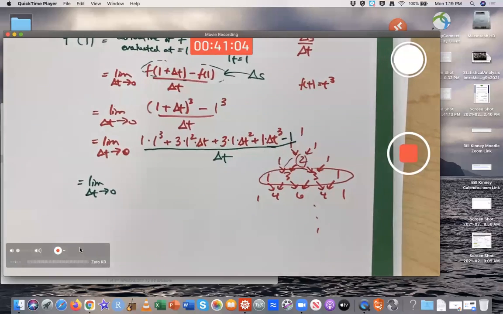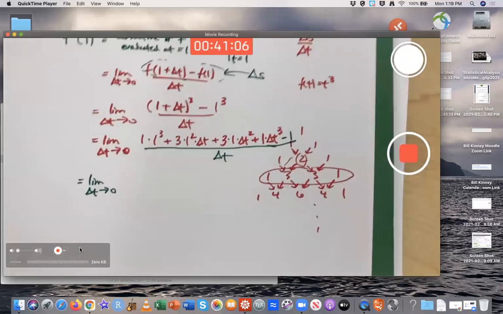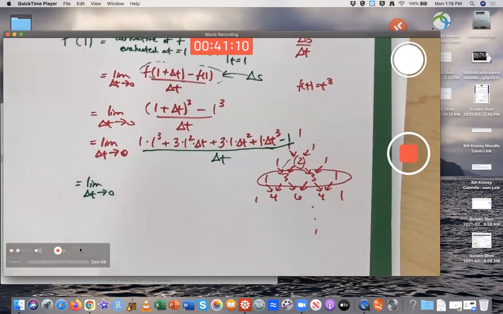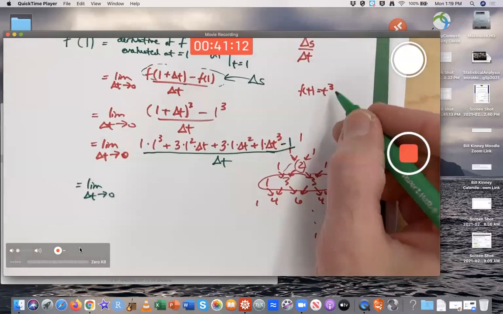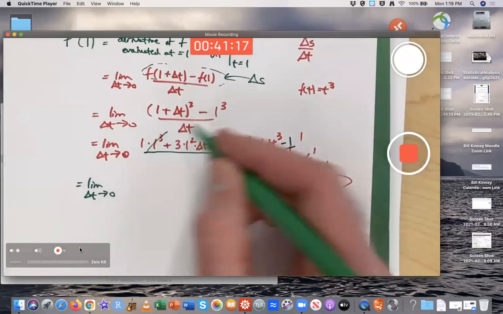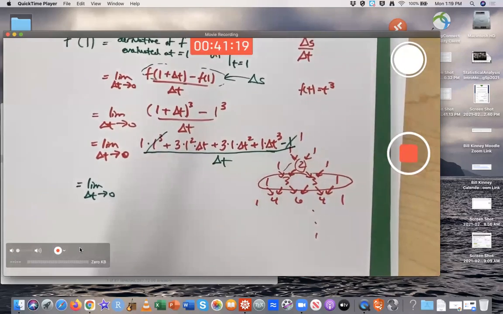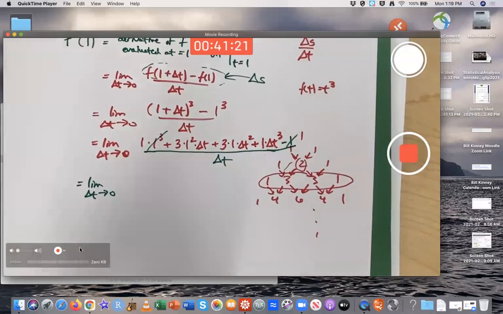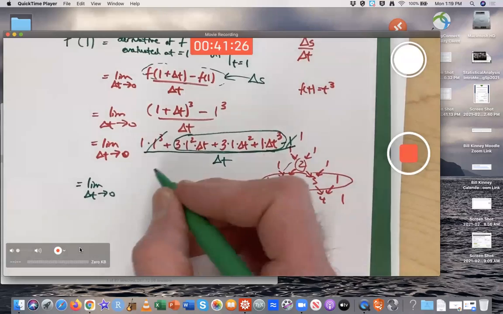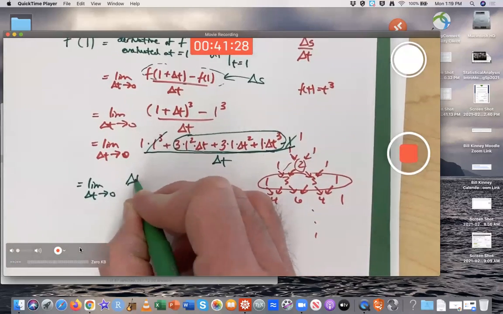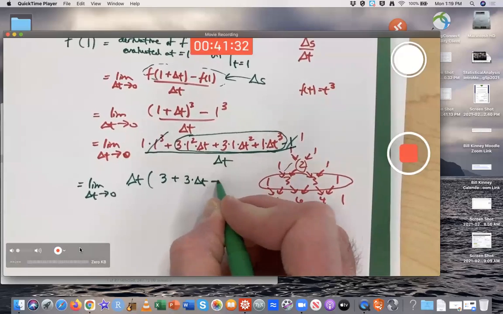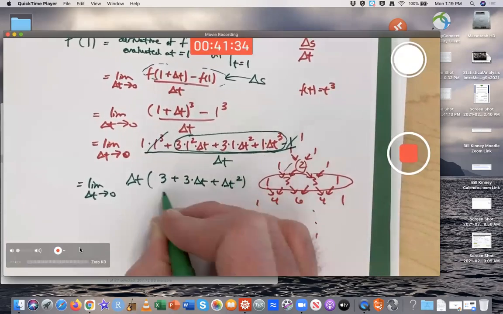If you have not made a mistake with problems like this, where the function is a polynomial or a power function, t cubed is both a power function and a polynomial, you will get cancellation of every term that does not involve delta t on the top. And then you'll be able to factor a delta t out of what's left. Each of those terms has a common factor of delta t that can be factored out. To give you this.